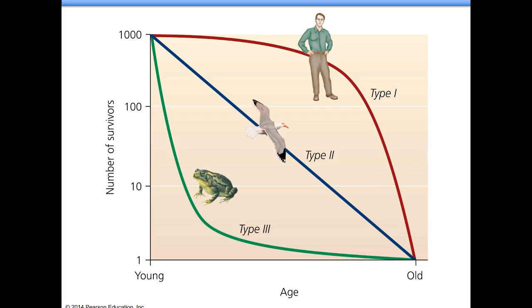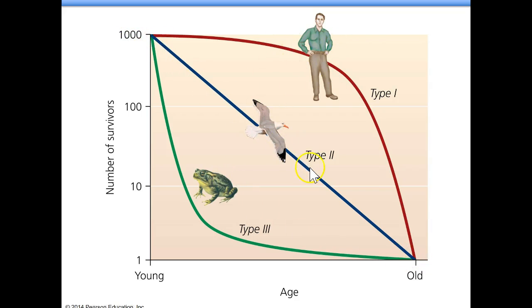So here is the survivorship curve that we're talking about. We're going to see that we get all of these survivors that are able to live to a ripe old age before they start to die, so humans fit that.